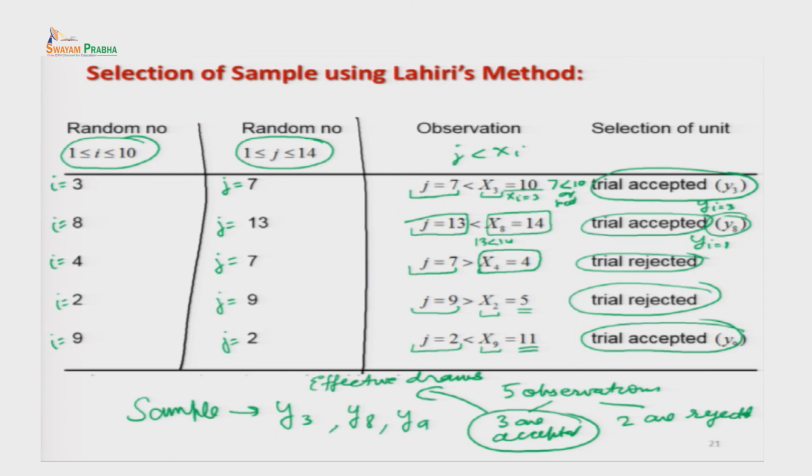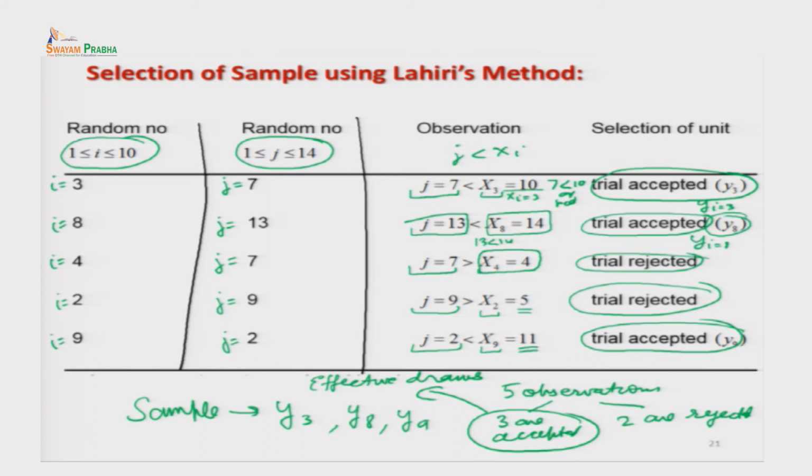So that was the drawback, and if you have to take a large number of samples, that will require more time to draw such pairs of numbers, and if they are not getting accepted, that will result in wastage of time. But this is how we can draw random numbers in PPS WR using the cumulative total method and Lahiri's method.